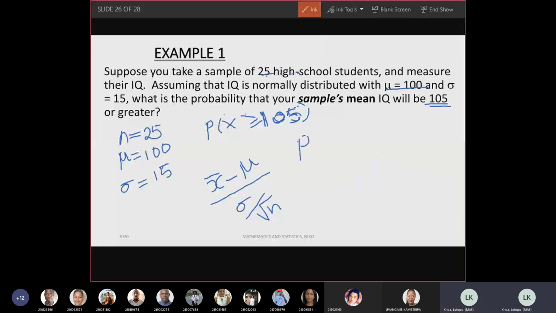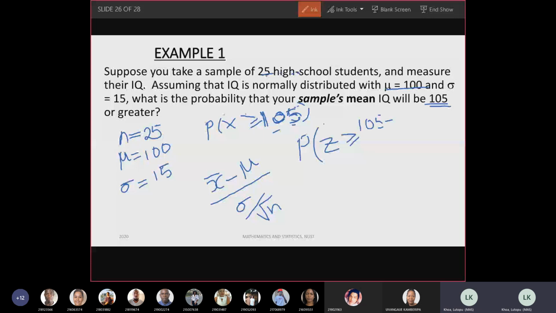Okay, so here we're just looking for the probability that, now I put a z instead of an x because I am going to transform this 105 into a z-score. So this is z greater than or equal to 105 minus mu, which is 100.